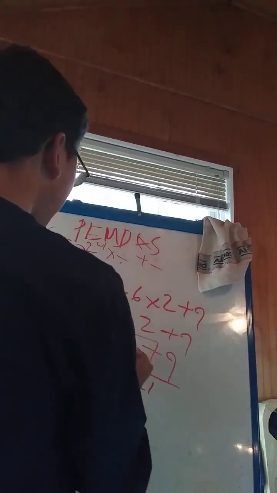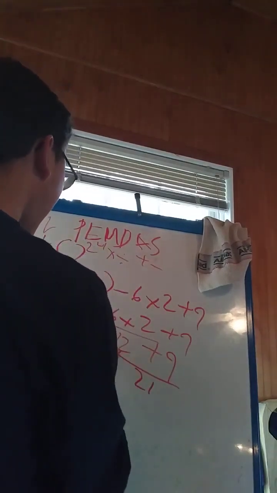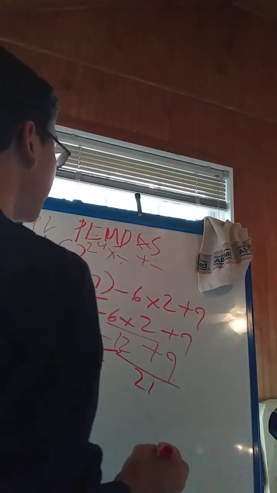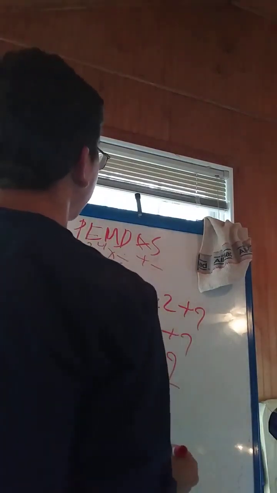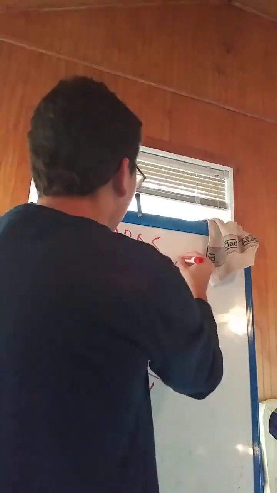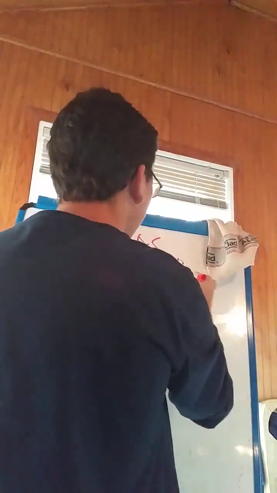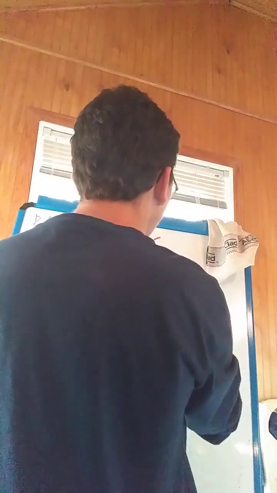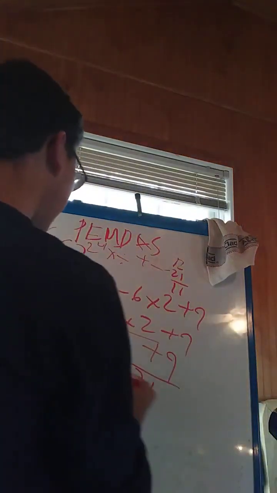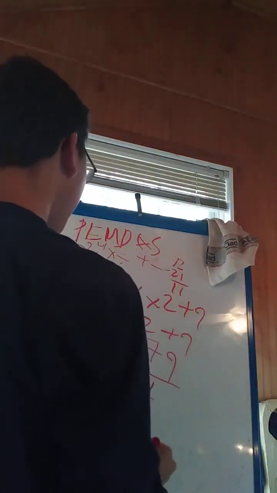And then we drop down minus 12 here. And then 12 minus 21, or that's how we do it. So 12 minus 21, the answer would be 11.